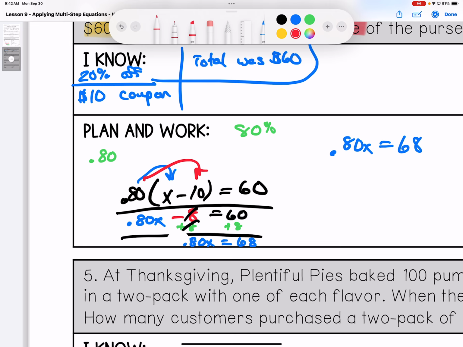Now, you are going to divide by 0.8. You're left with x equals 85.